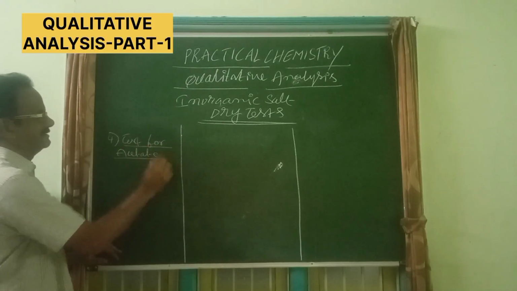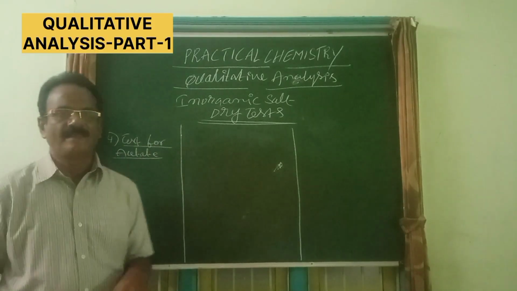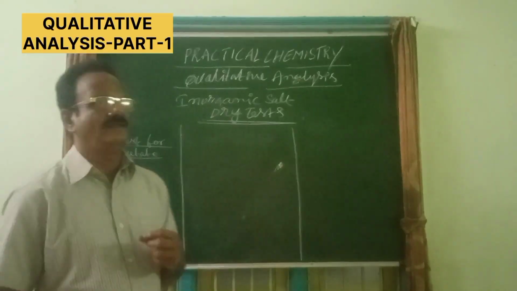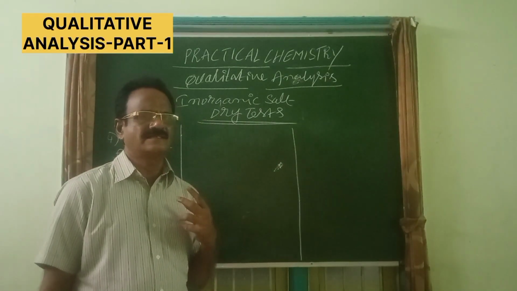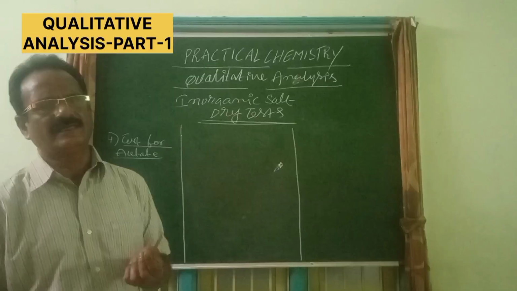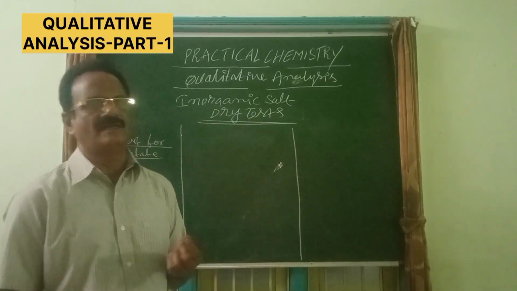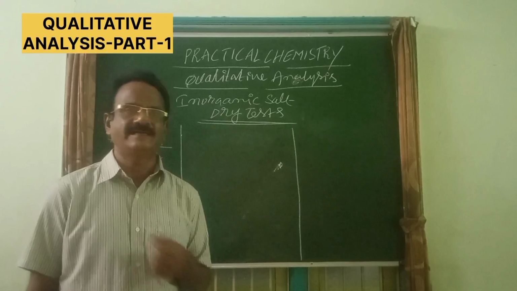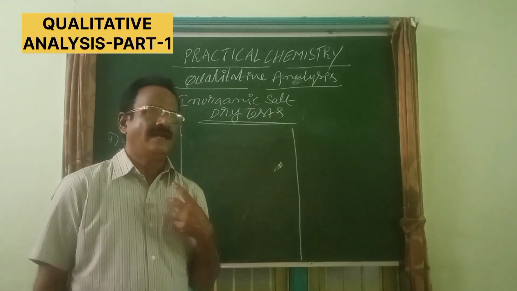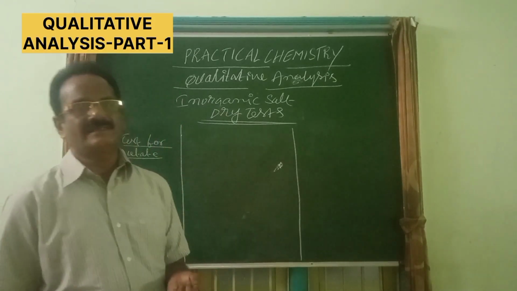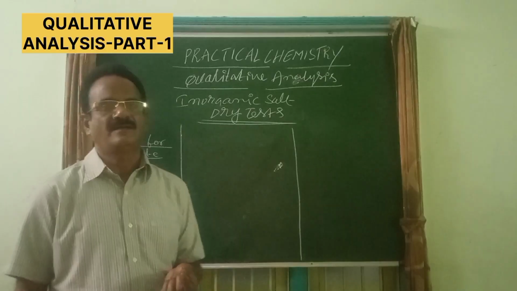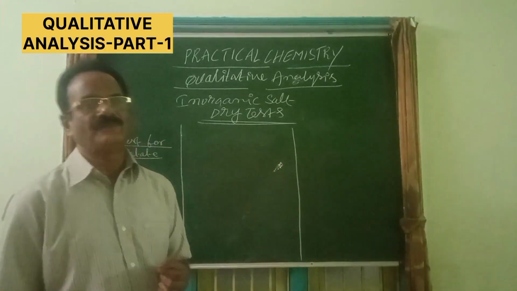Test for acetate. Here the salt is taken in a test tube, a few drops of concentrated H2SO4 are added, then a few drops of ethyl alcohol, and it is subjected to heating.